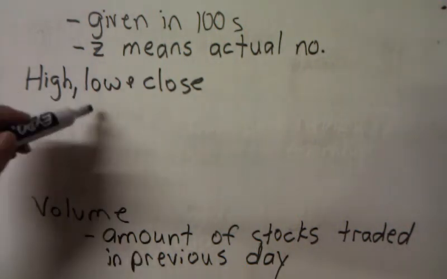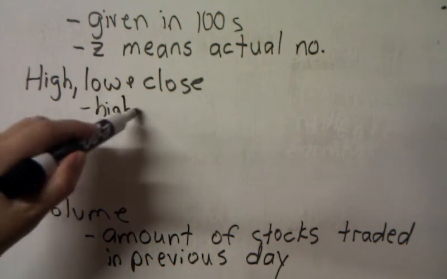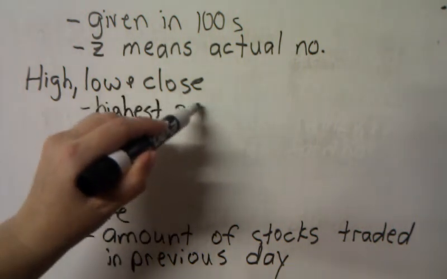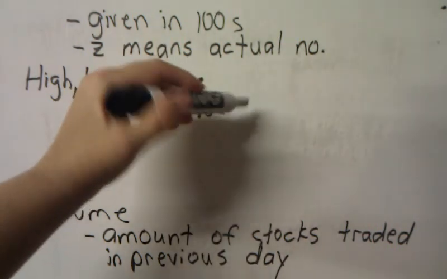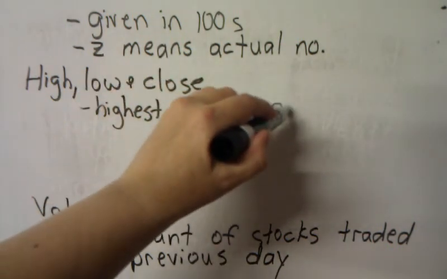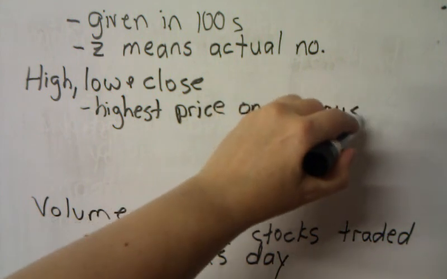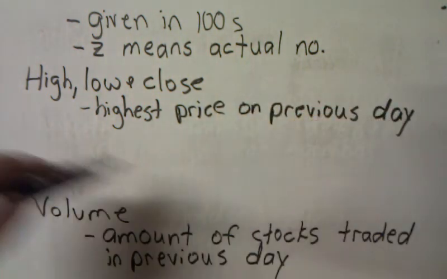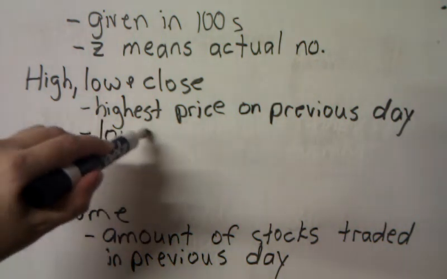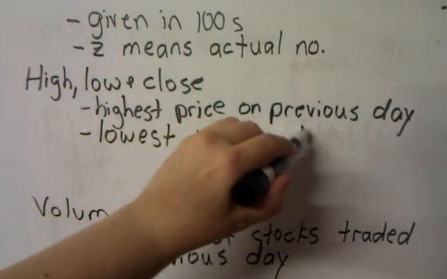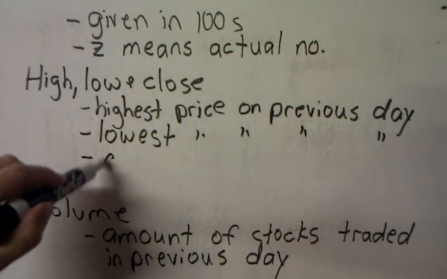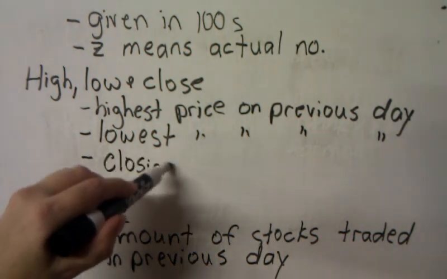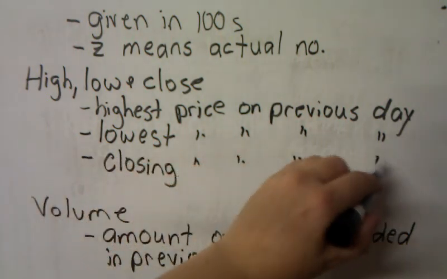High means the highest price on previous day. Low is the lowest price on the previous day. And the closing price on the previous day.